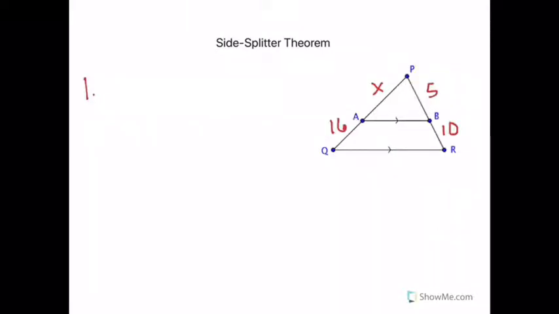Now let's use this idea to go ahead and do some problems. Okay, here's problem number 1. So go ahead and draw that triangle. Label this first segment AP as x, this segment 16, this segment 5, and this segment 10. Just like I have here. You don't necessarily have to worry about the names of these points.